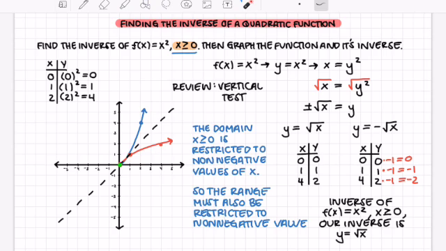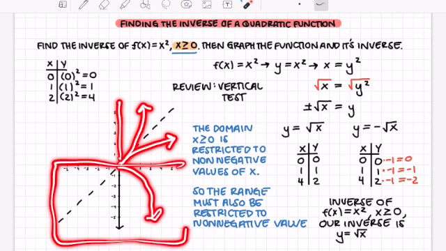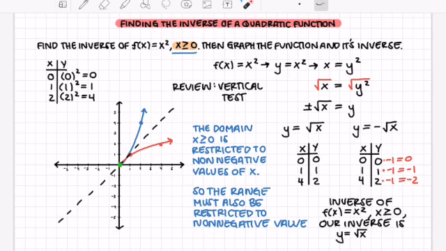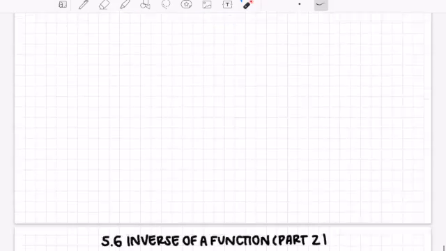For this one, we had a positive function, and our inverse had to have a positive y value. It couldn't go down this way because these y values were all negative. So that was the inverse of specifically a quadratic function where f of x is equal to x to the power of 2.